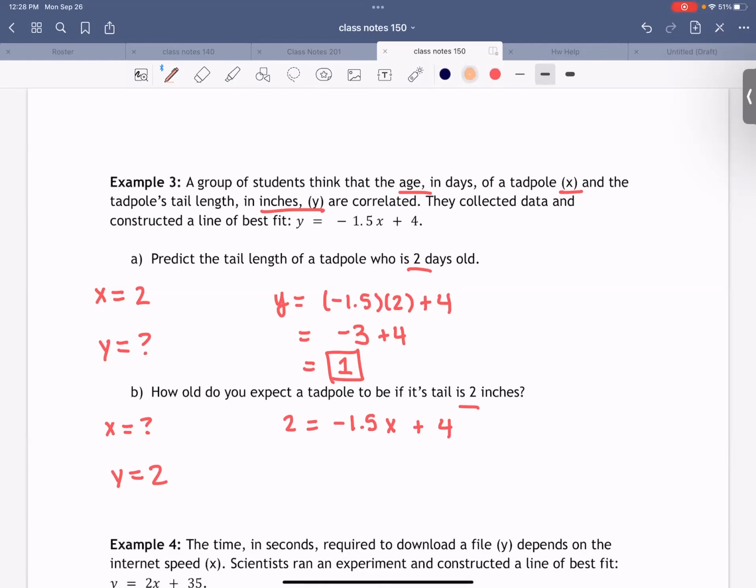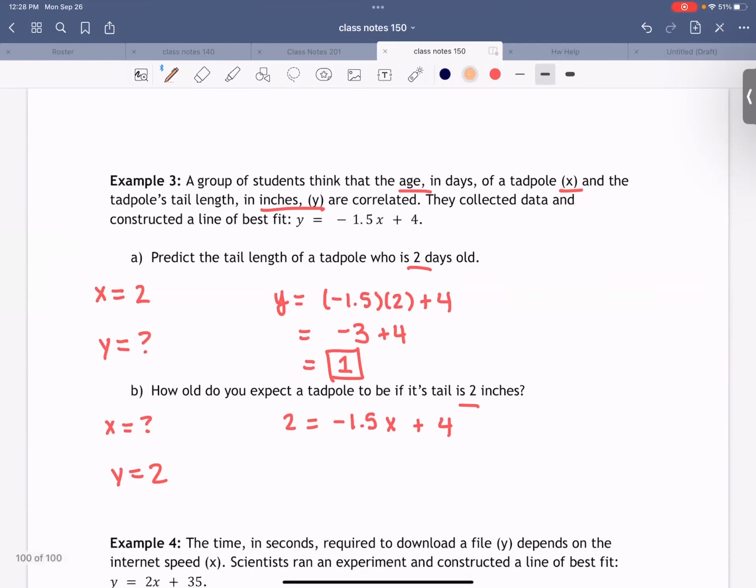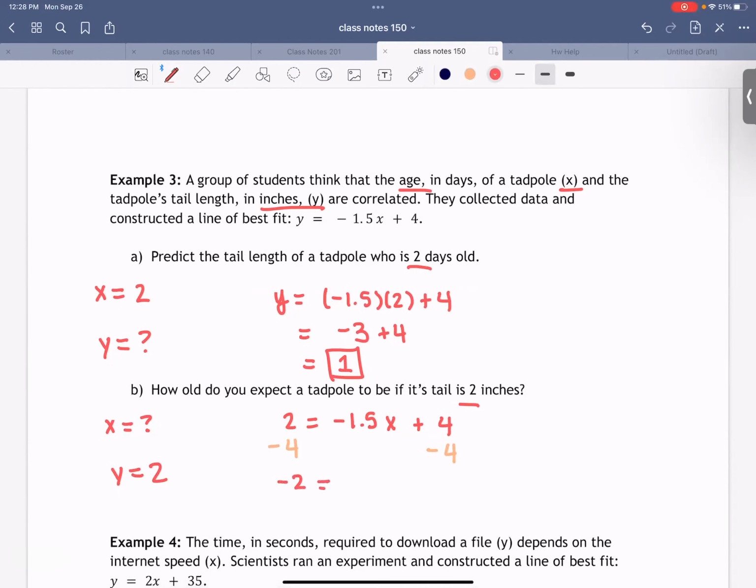So what do you think we should do on both sides of the equation? Subtract 4, good. And whenever we do something on one side, we have to do it on the other. So on the left, I think I have -2. And on the right, I have -1.5x.